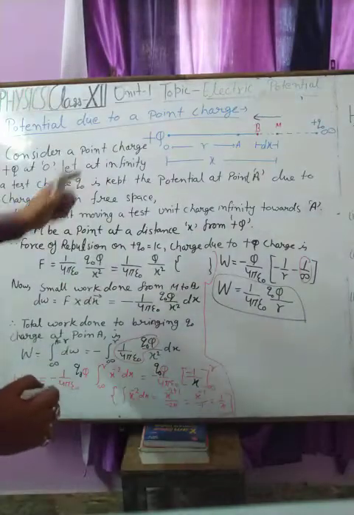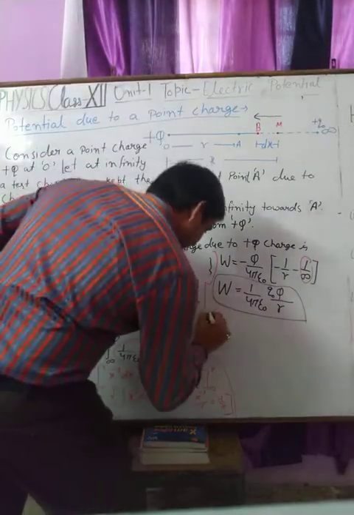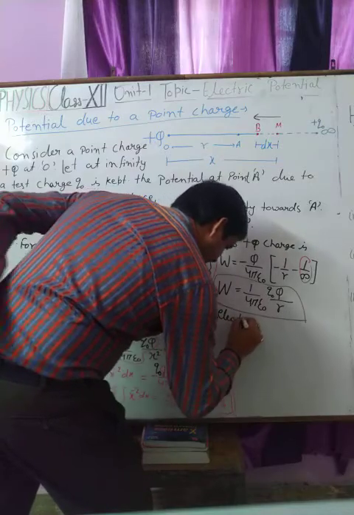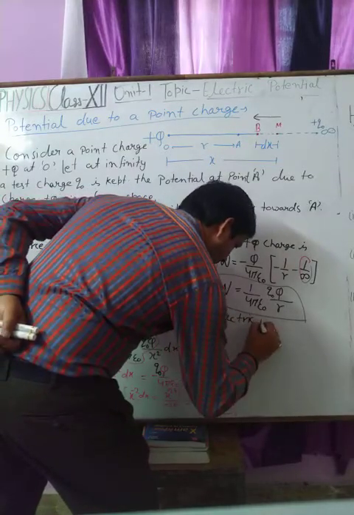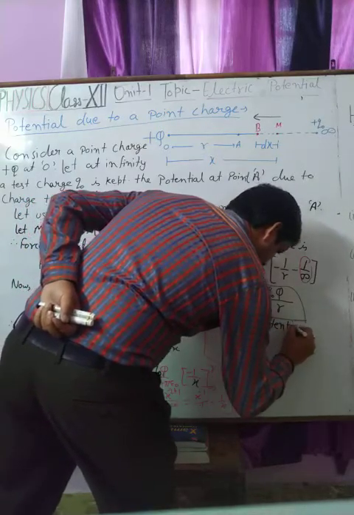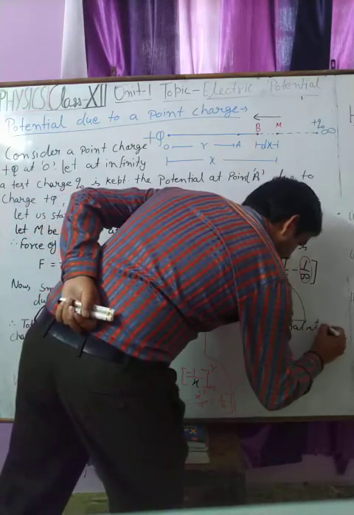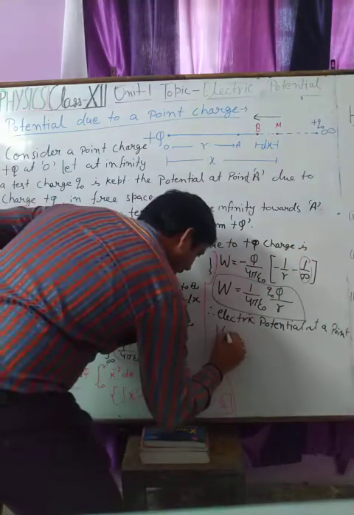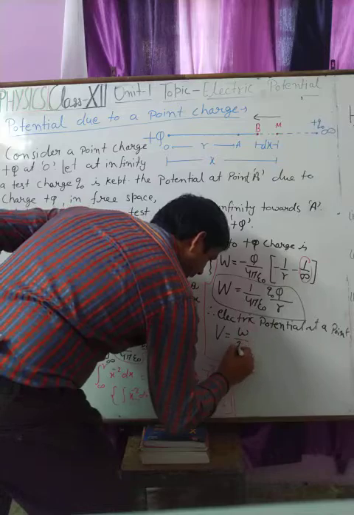Now the electrostatic potential at a point, electric potential at a point, is V equal to W upon Q naught.